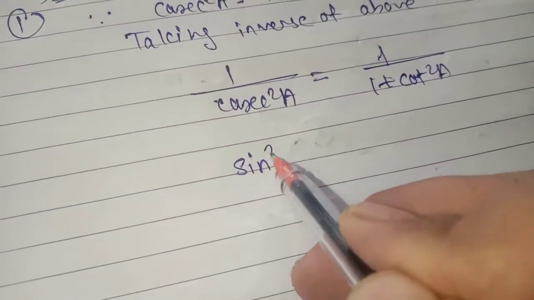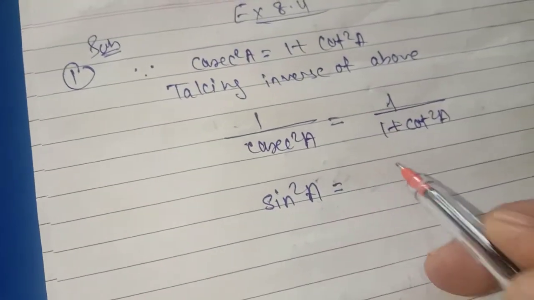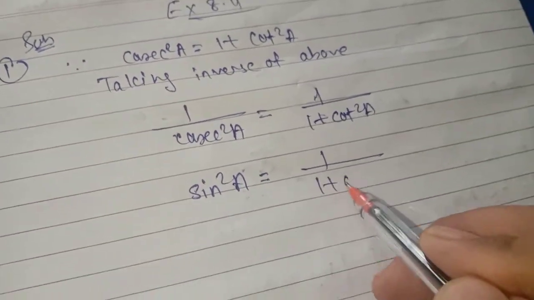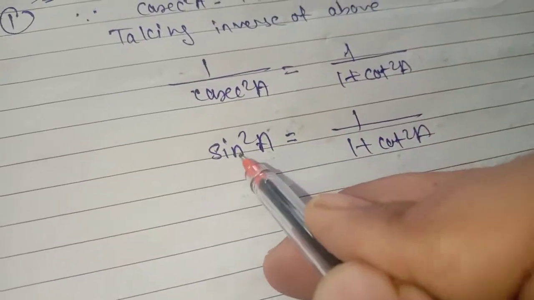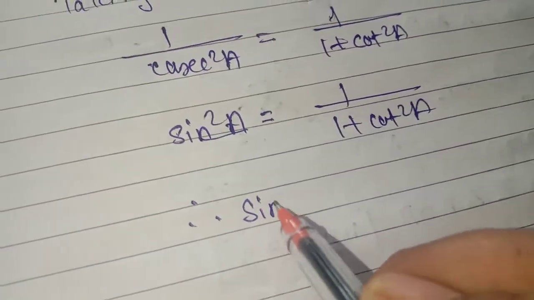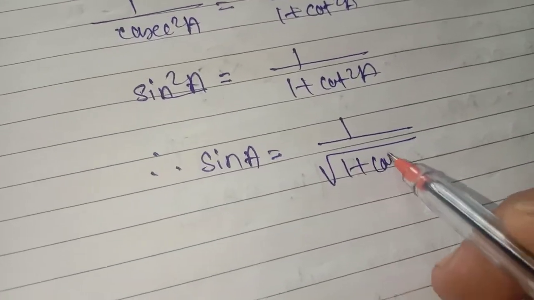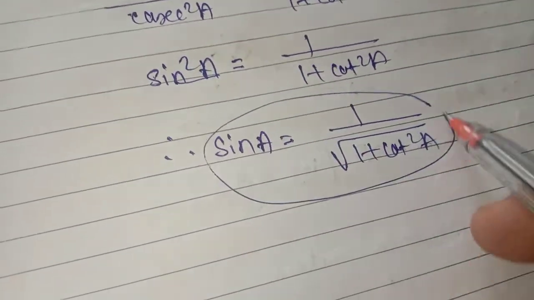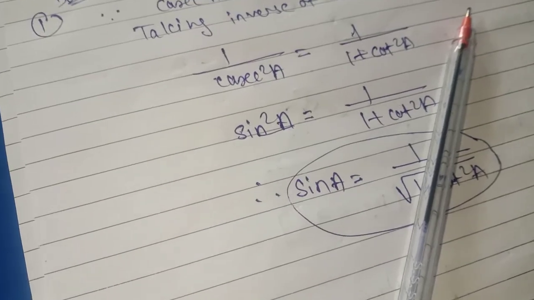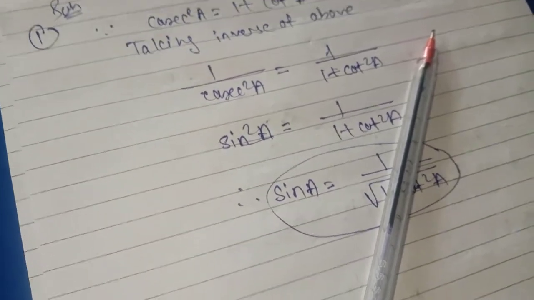It is sin square A, equal to 1 upon 1 plus cot square A. So I got it in terms of sin. So what will I write here? Sin A is equal to what? It is 1 upon under root 1 plus cot square A. Clear? So this is our first expression. Now what is tan A?